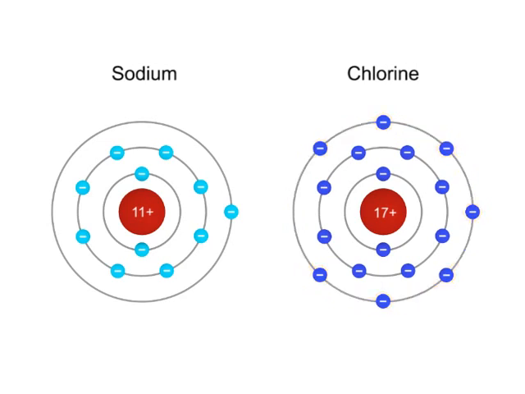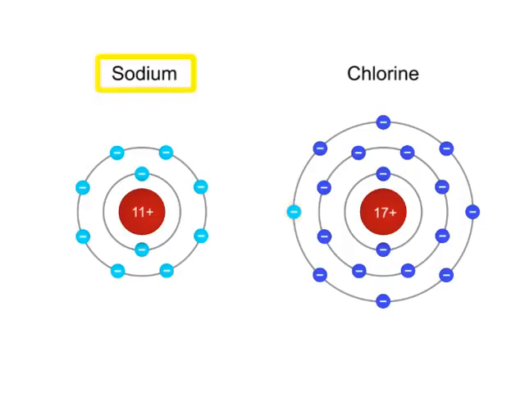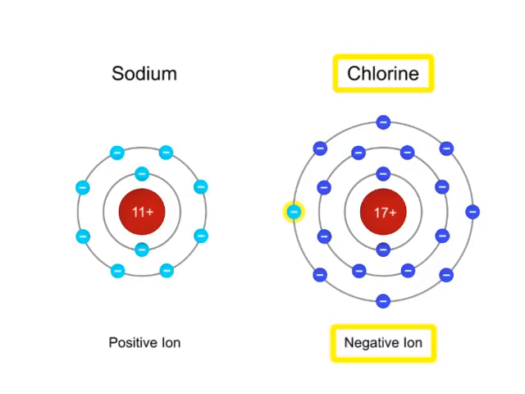Thus, when salt is dissolved in water, sodium will readily give up its loosely held valence electron to chlorine, making both atoms more stable. With its 1 less electron, sodium becomes a positive ion, and chlorine, with the addition of an electron, becomes a negative ion.